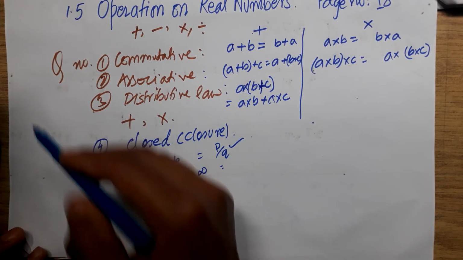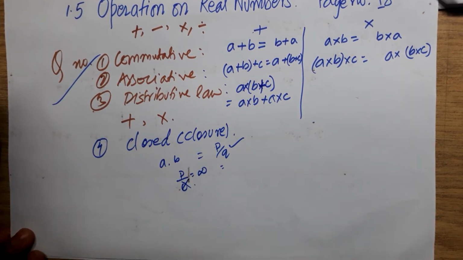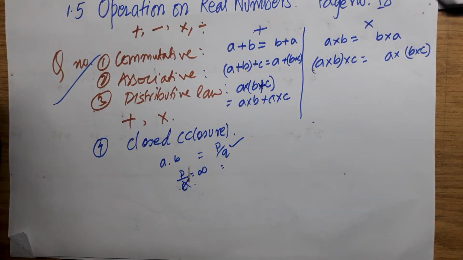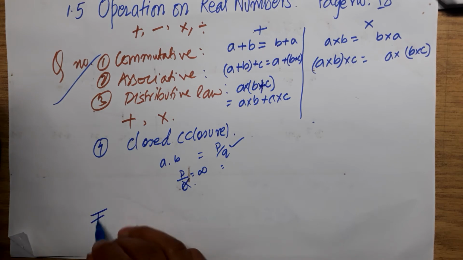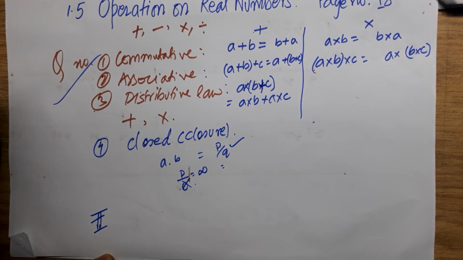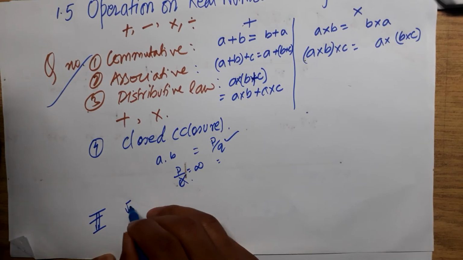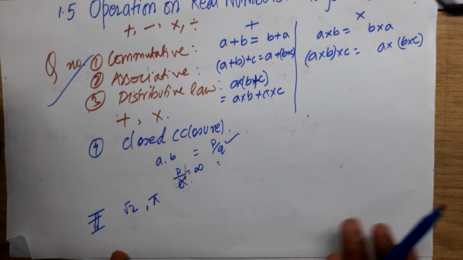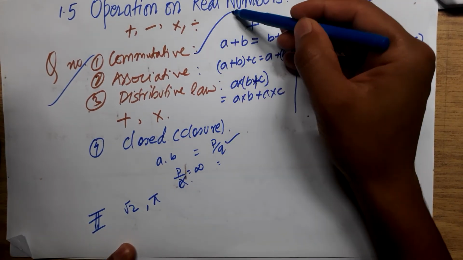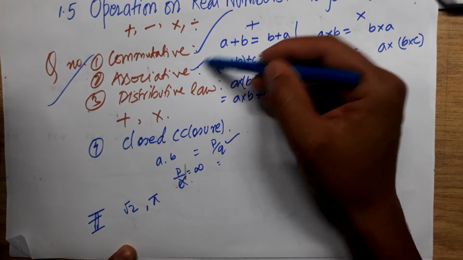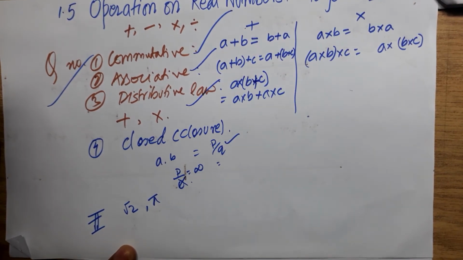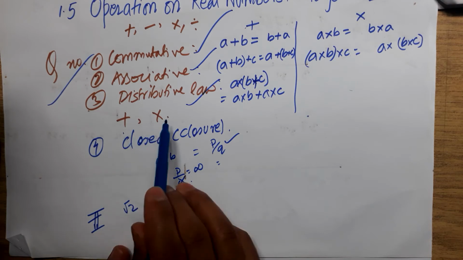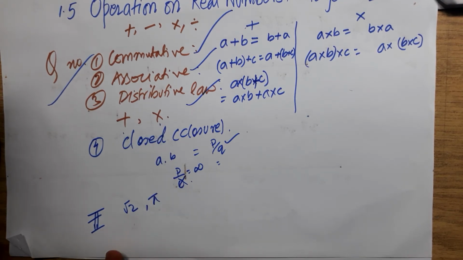Now we have seen the rational case. It turns out that irrational numbers also satisfy these. An irrational number is a number which cannot be expressed in the form p by q, for example root 2, pi, etc. It will also satisfy closure, associativity and distributive law for addition and multiplication as well.